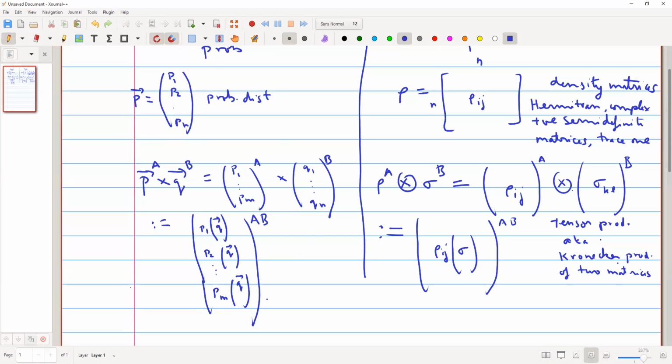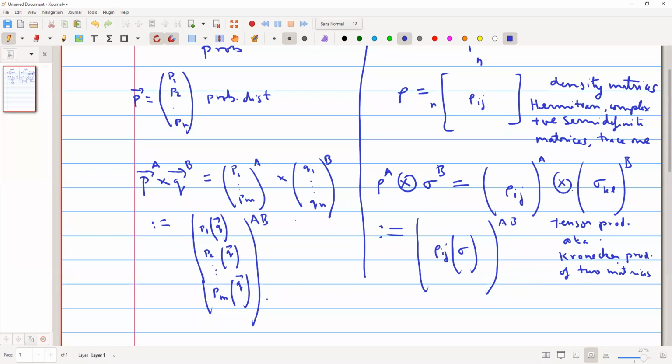It's very similar to this definition, as you can see. There, there would have been a p_i here, and the p_i would have multiplied the entire vector Q. So instead of p_i, we have rho ij out here. It is in the ijth position, but now this gets multiplied by the entire matrix sigma. So the question is, what is this consistent with?